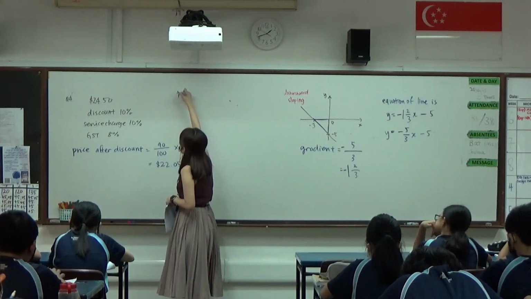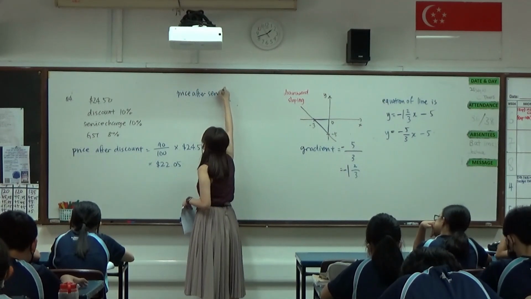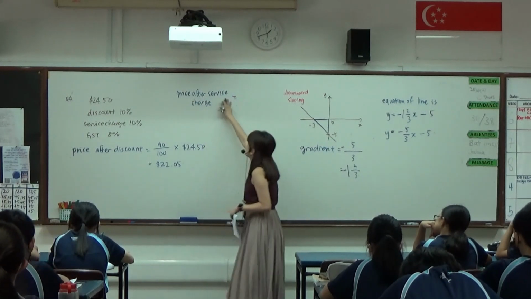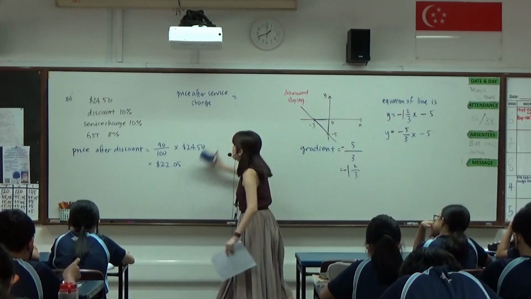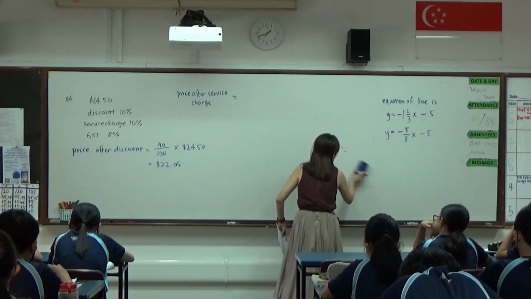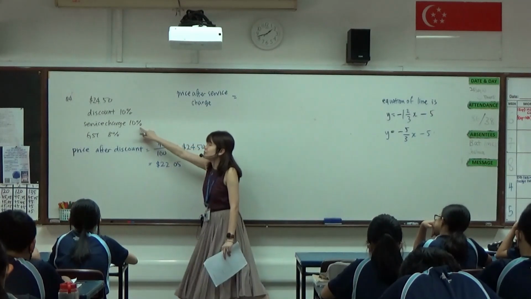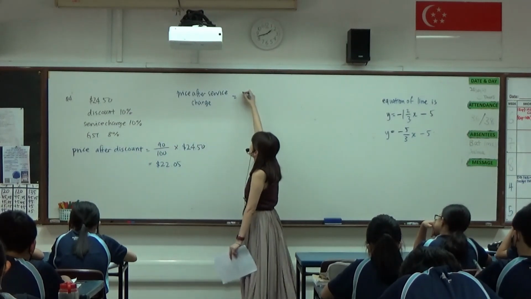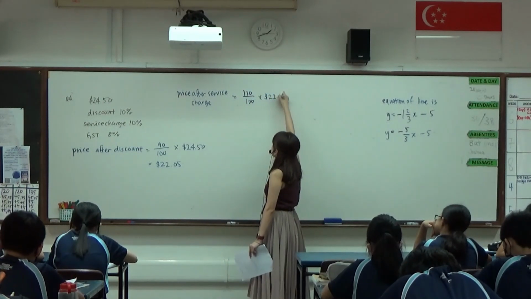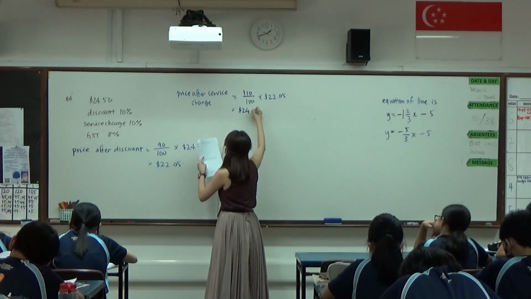And then we find the price after service charge. Some of you are still not presenting your answers with statements, so please improve on that. The price after service charge will be 10% more, so that means 110% of your $22.05, and that will give us 24.255.